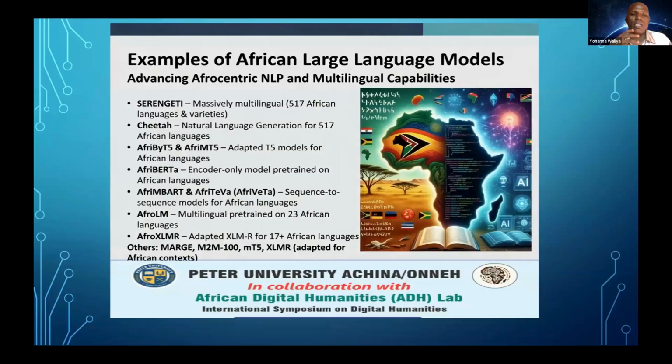For example, in the last research we conducted in 2024, we discovered that Edivio and Margi cannot be used to query a computer because they are low resource languages. So we were not able to use those models to query the computer.